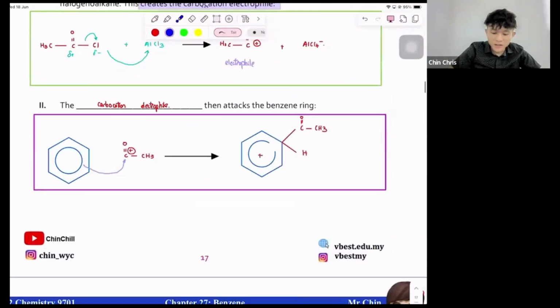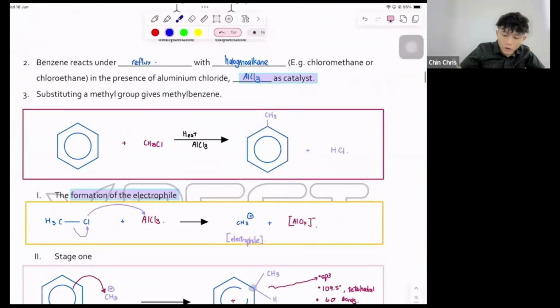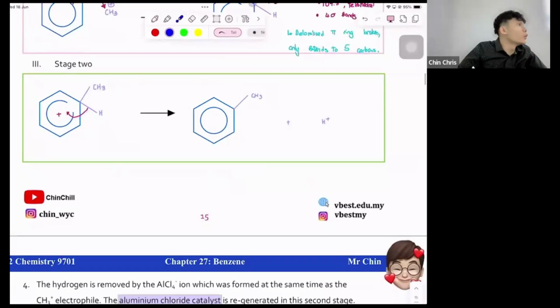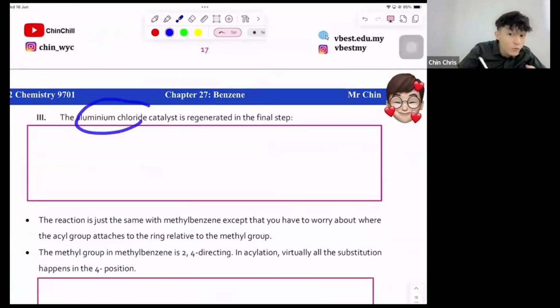All right, guys, now, you see, just now I did a drawing without the reformation of a catalyst. So guys, you see, the second step, you can draw in two ways. You can draw with just one arrow from H going in, then you get an H plus, or I can show the catalyst is being reformed.